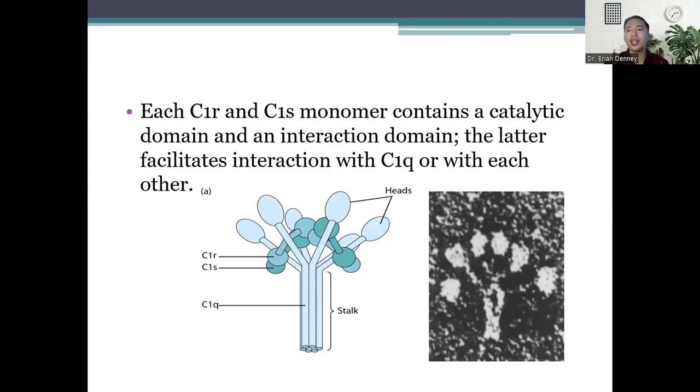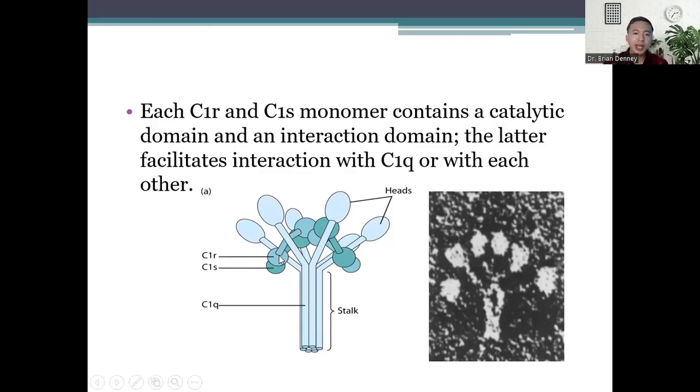Now, from the terms we learned, proteolysis is the one which causes activation or breakdown of the subsequent complement protein molecule, thus causing activation. So for the dimer the arrow pointed to, C1R and C1S, each component has 2 heads. Look. One is the catalytic domain and one is the interaction domain.